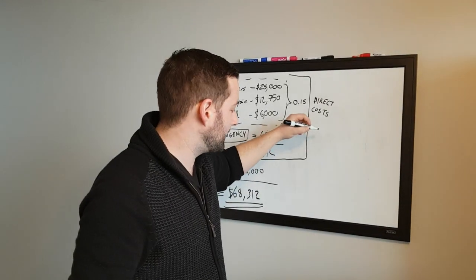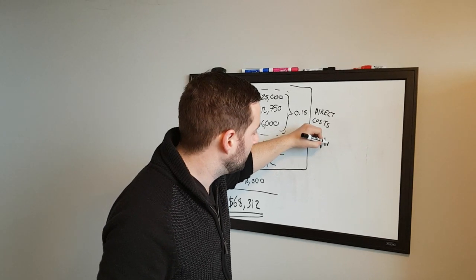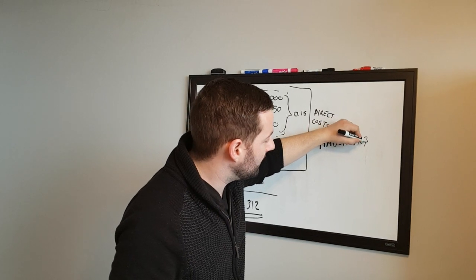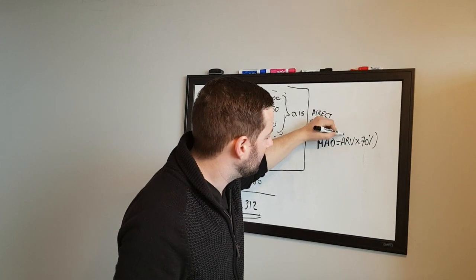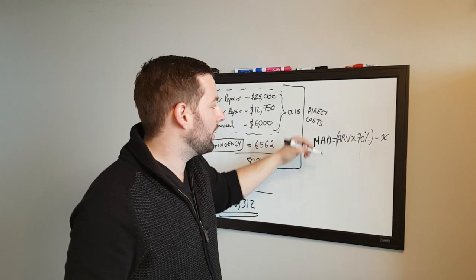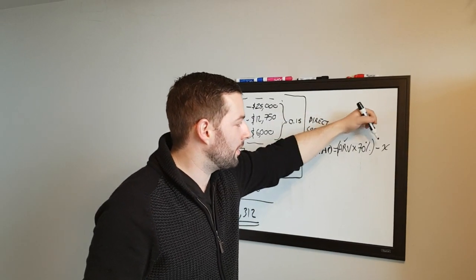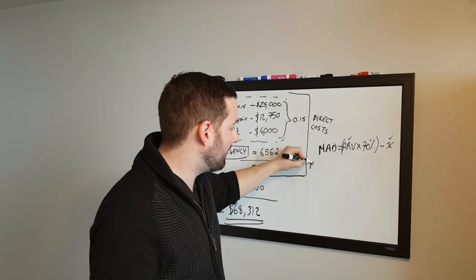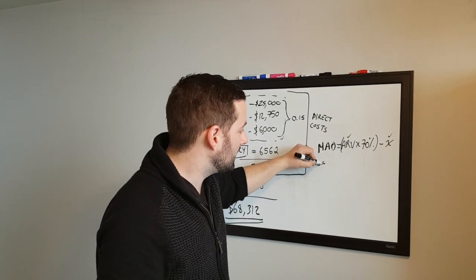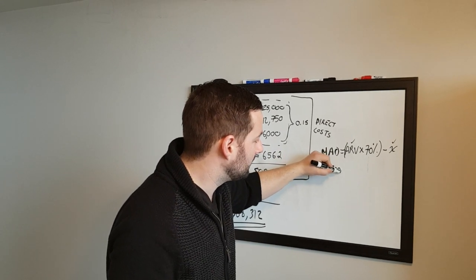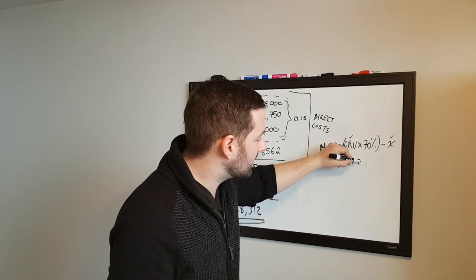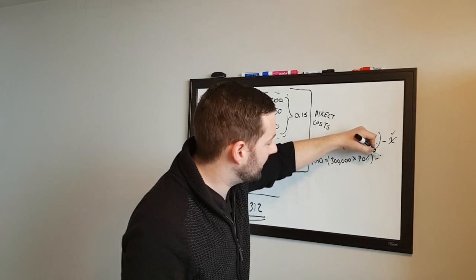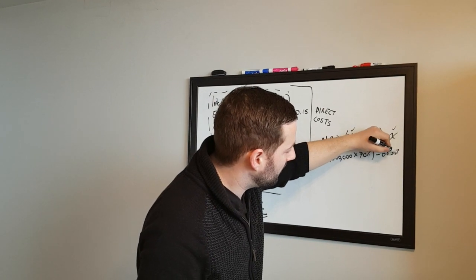Okay? So if we go back to our MAO, it is equal to our ARV times 70% minus X. We have already determined our ARV, and now we've determined our X. So we can actually plug into our formula that the MAO is equal to our $300,000 times 70% minus our $68,312.